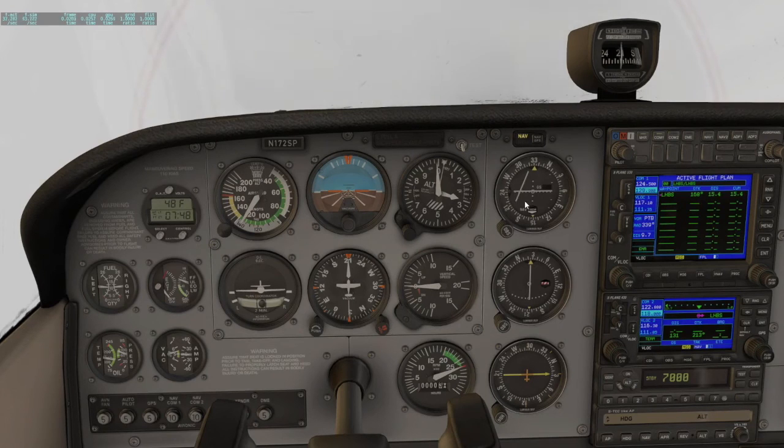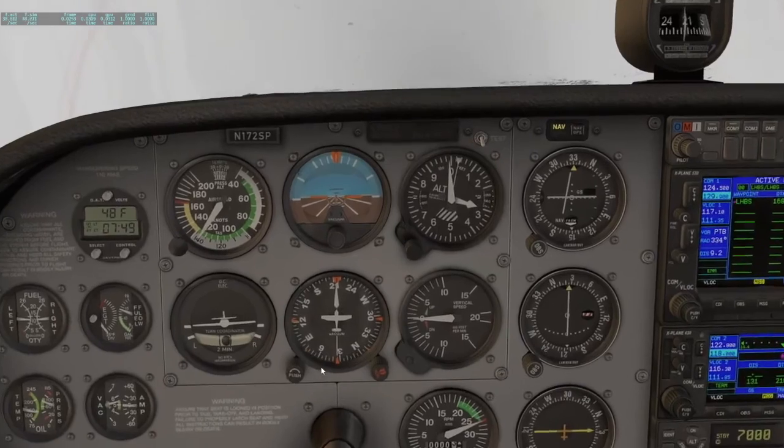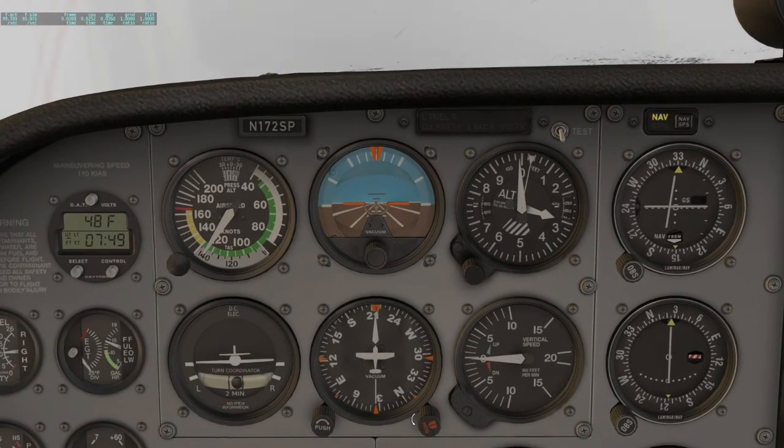Okay, as you can see now that the needle is starting to move, so I'm going to turn in the direction 160 once the needle is close to center. Okay, so now I am going to be physically on the 330 radial because I have a from indication, the needle is centered, and I'm going to turn to 160.